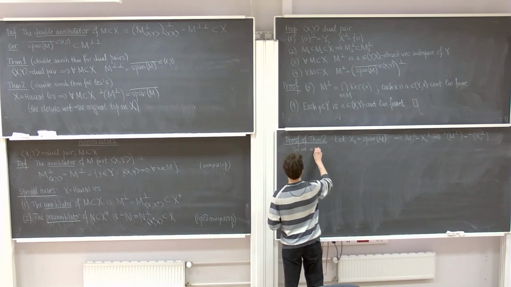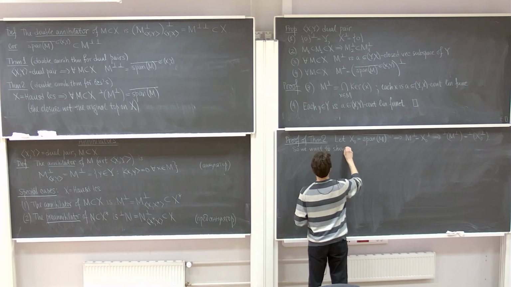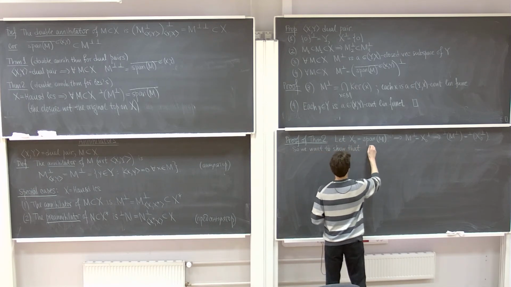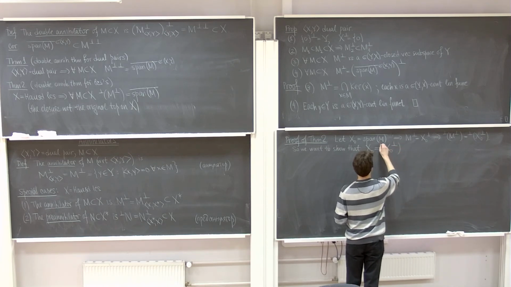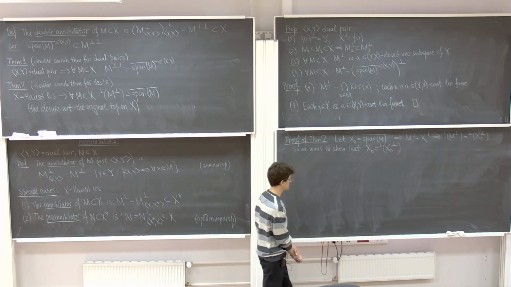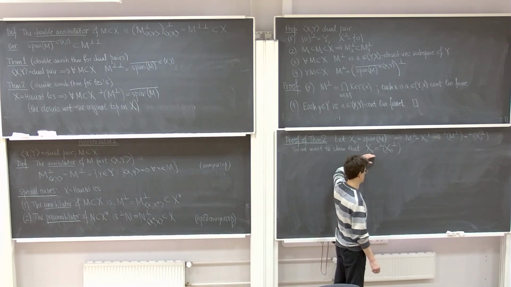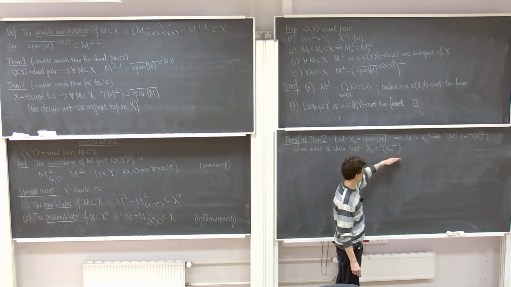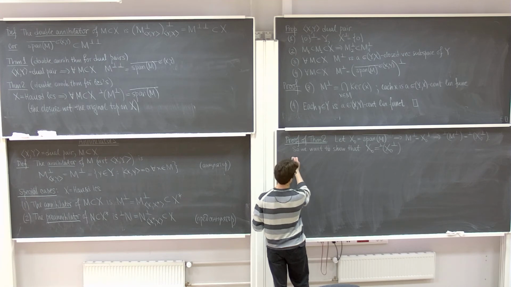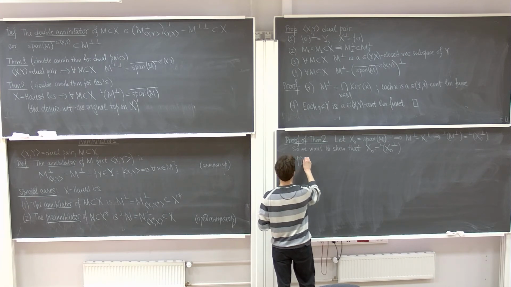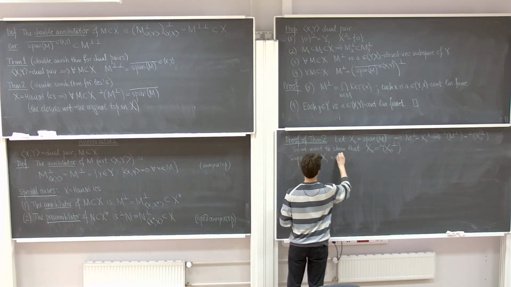So we want to show that X0 equals the double annihilator of X0. Well, clearly we have the inclusion: this subspace is contained in here. And conversely, suppose that X is an element in X which is not in X0.